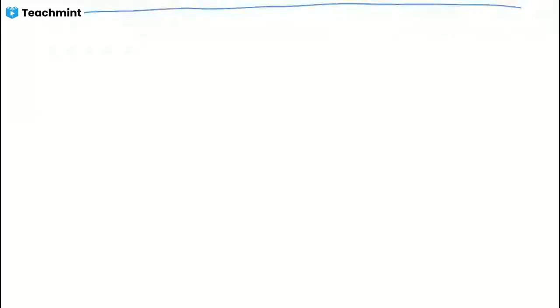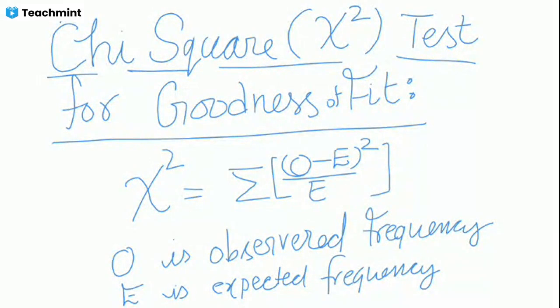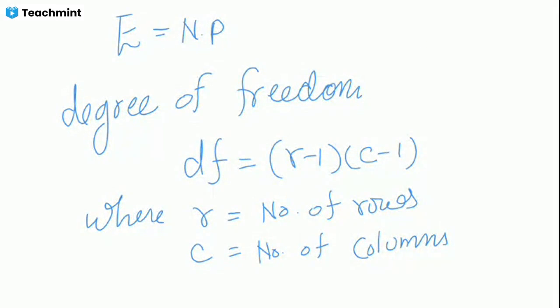Are you getting me? Yes, ma'am. Ma'am, so basically, if we haven't been given the observed and expected values, then we'll take it out from calculating the degree of freedom? No, no, I'm just saying that sometimes they won't give you this E, and sometimes they will give you these values and the number of values and the probability.